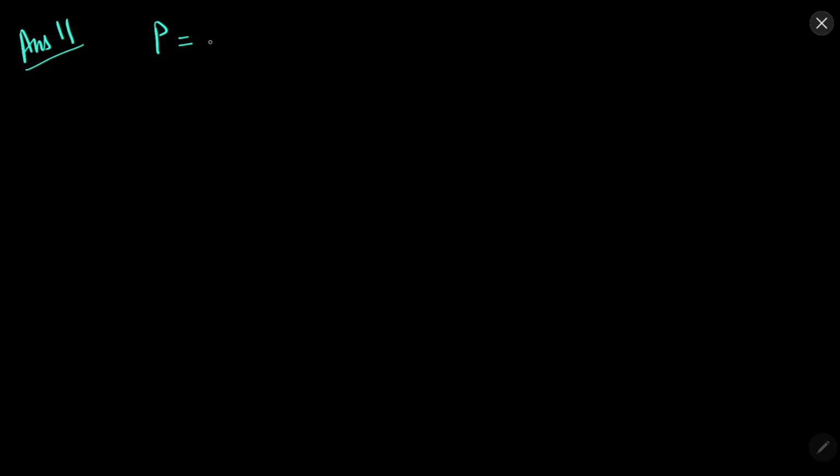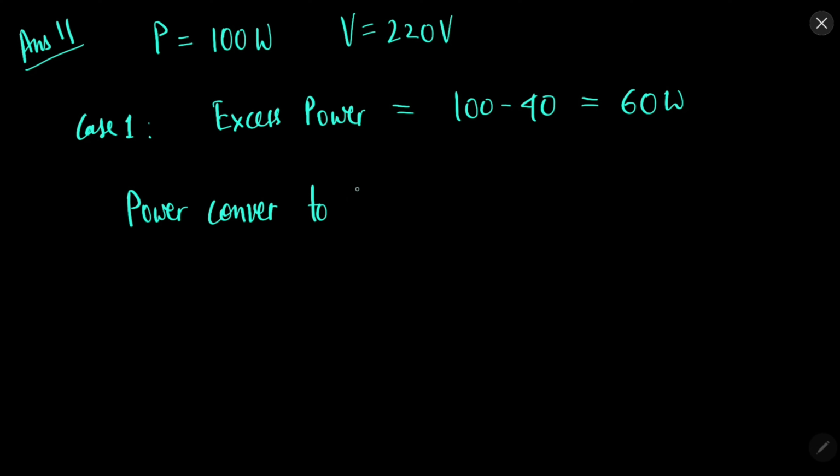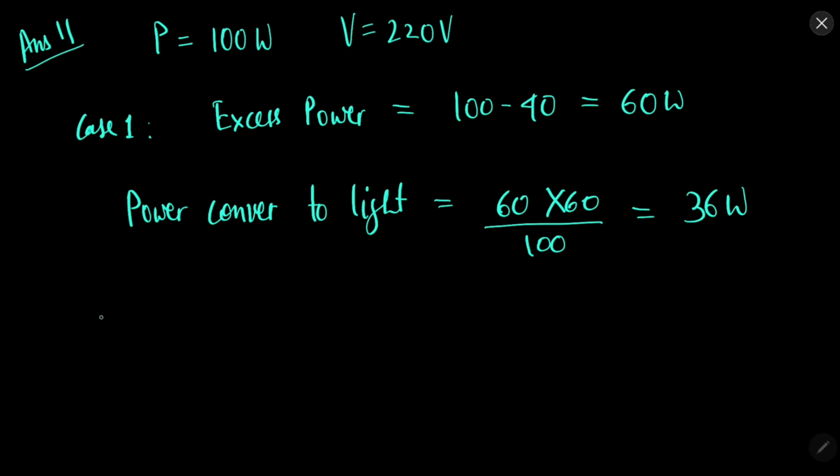Eleventh one, power is 100 watt, voltage 220 volt. In the first case, excess power is 100 minus 40, that is 60 watt. Power converted to light is 60%, that is 60 over 100, 36 watt.